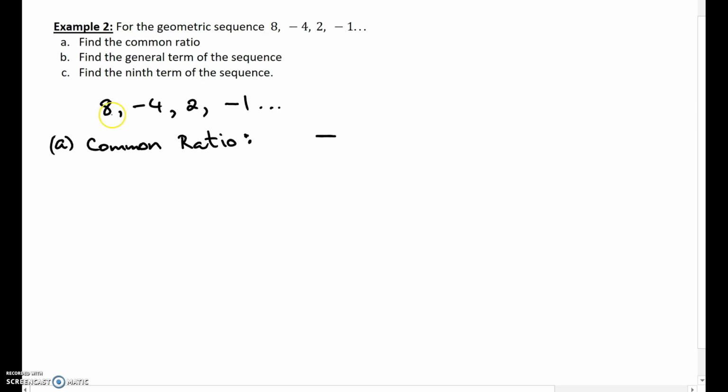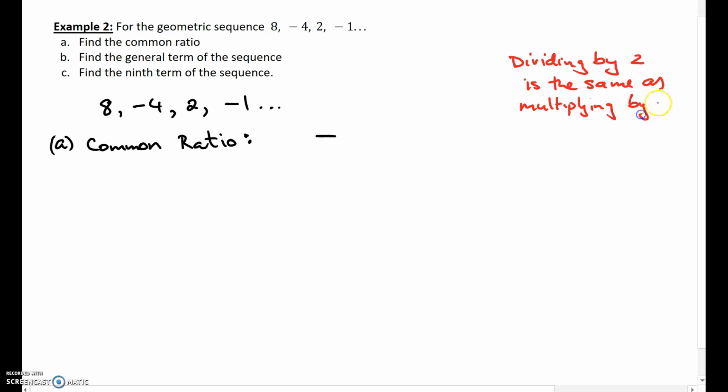And the other thing you're doing is, if you just look at the numbers 8, 4, 2, 1, this looks like you're dividing by 2. But dividing by 2 is the same as multiplying by 1/2.